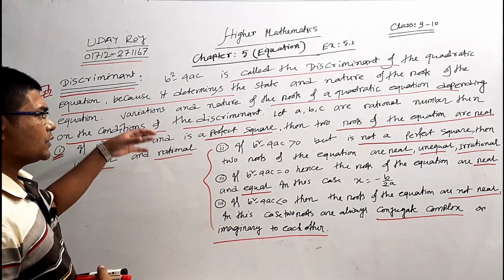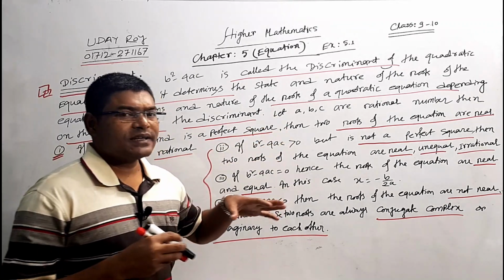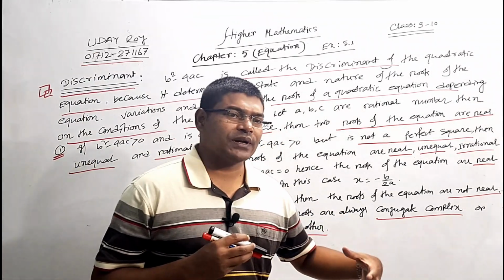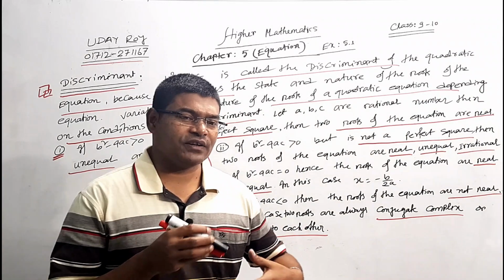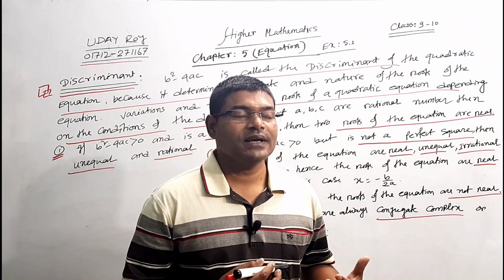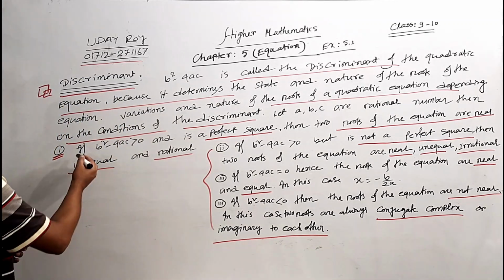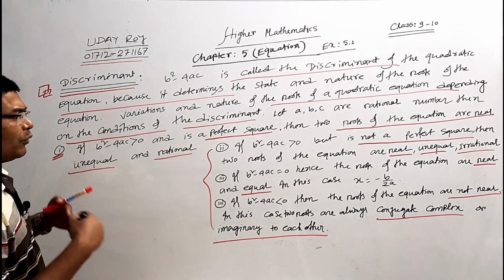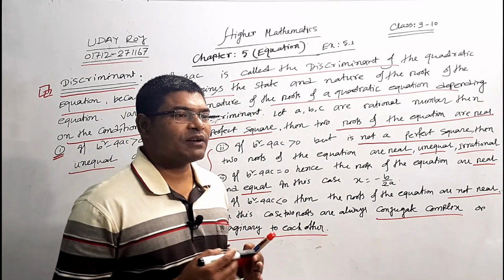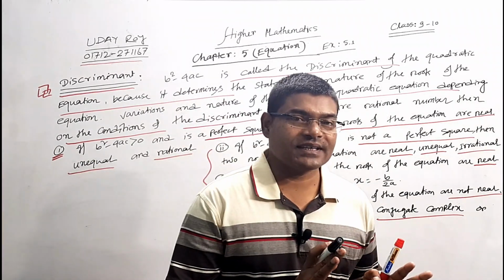If we see b square minus 4ac, the nature will be different, so the roots will be different.